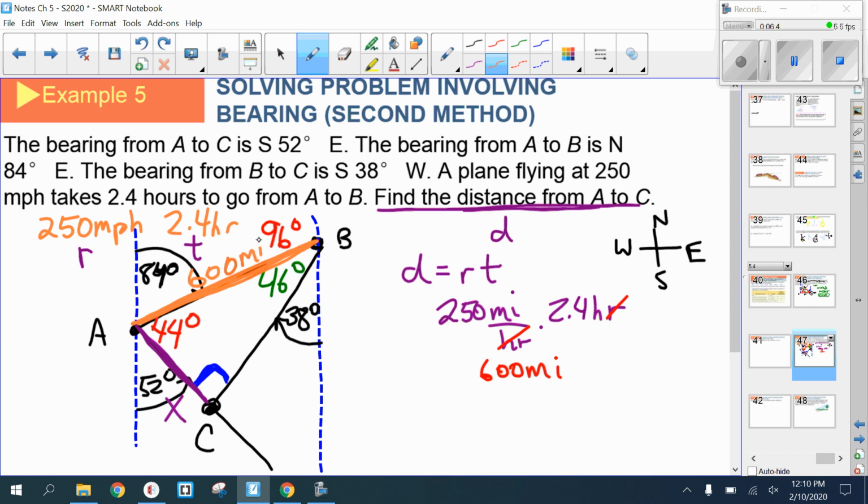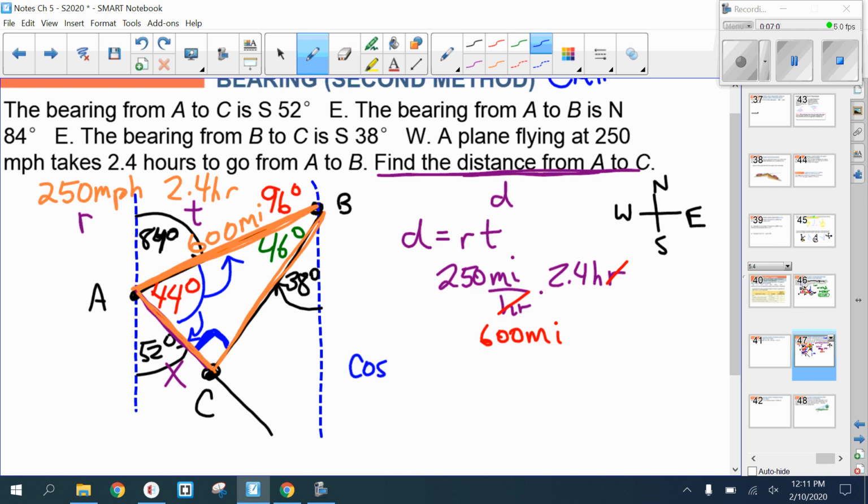If you look at your right triangle, there's a lot of information given here. But now I can do some Sohcahtoa because I've got an angle 44, an adjacent side x, and a hypotenuse 600. That looks like cosine, adjacent over hypotenuse.